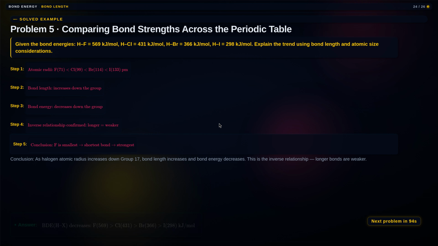As a result, hydrogen-fluorine bond length is only 92 picometers, while hydrogen-iodine is 161. This confirms the inverse relationship. Longer bonds are weaker. Hydrogen-fluorine at 569 kilojoules per mole is nearly twice as strong as hydrogen-iodine at 298. Fluorine is smallest, giving the shortest bond and the strongest bond.